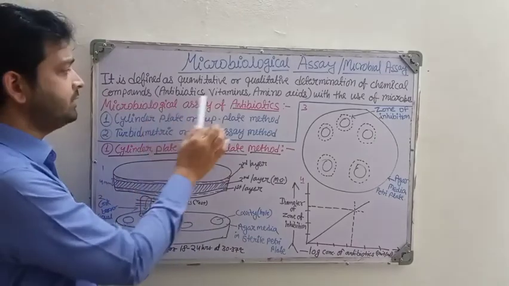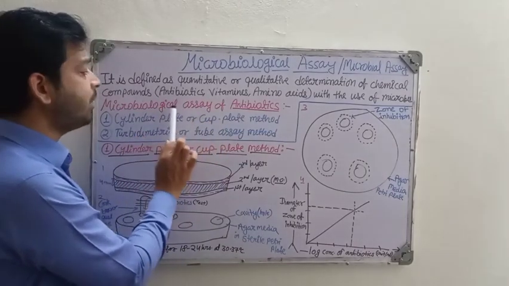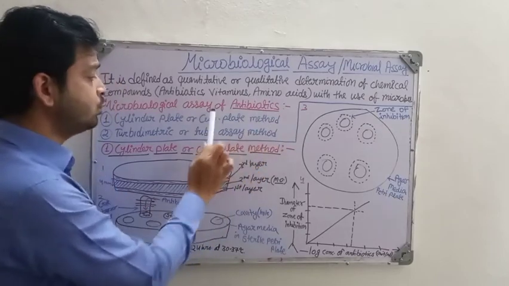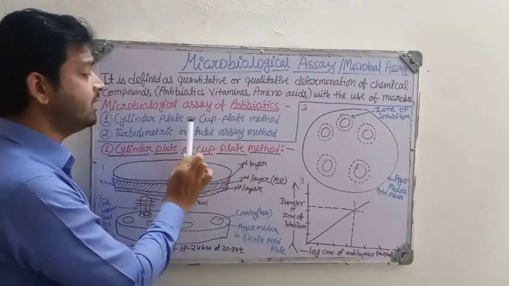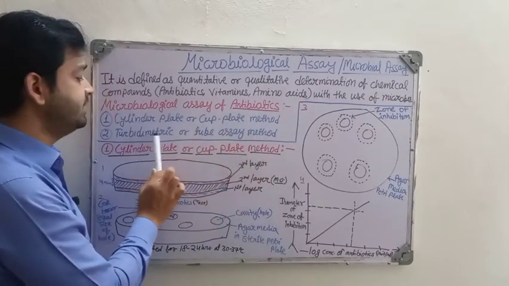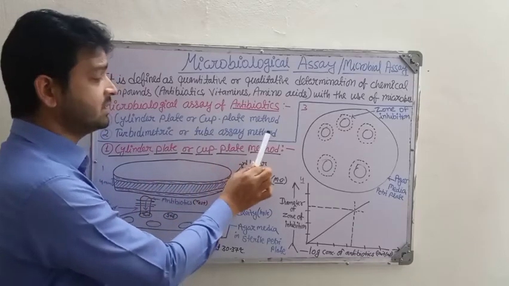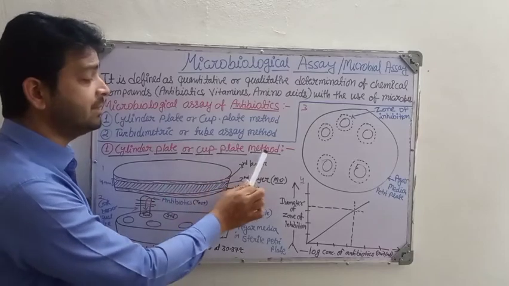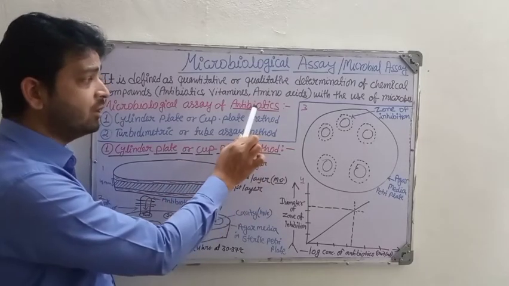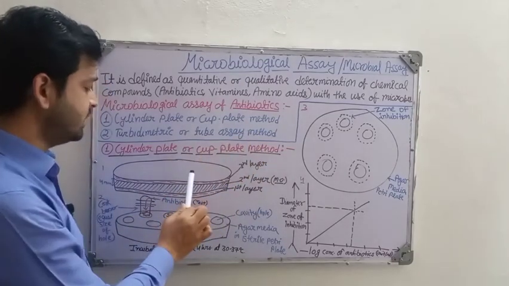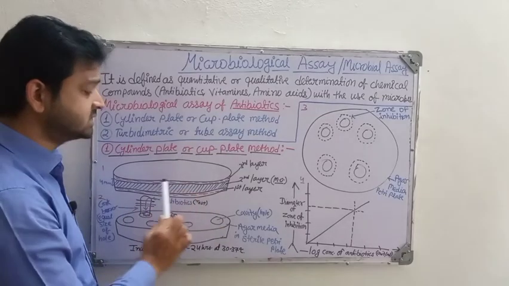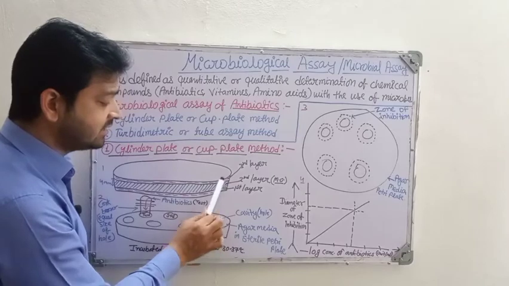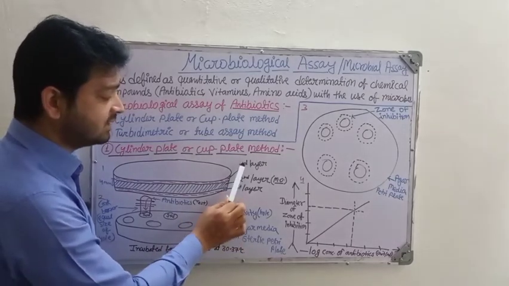Here, the first one is the microbiological assay of antibiotics. There are two methods: the cylindrical plate or cup plate method, and the turbidimetric or tube assay method. Now we are going to discuss the cylindrical plate or cup plate method used for the antibiotic assay. We take a petri dish and add the agar media, making three layers: first layer, second layer, third layer.